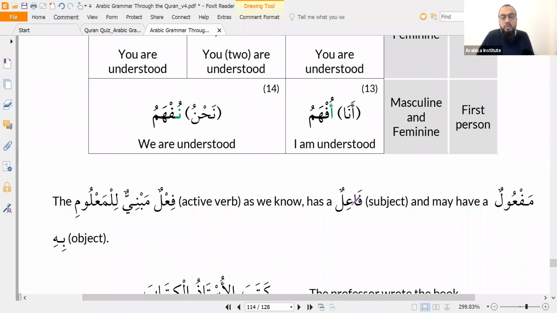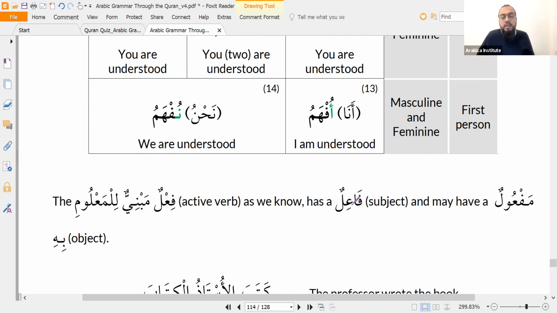Does that make sense? So you're right to point out that you could interchangeably use the passive participle with the imperfect passive verb, in the same way that you can interchange the imperfect active verb with the active participle. If I say al-waladu yaktubu, the boy is writing, I could also say al-waladu katibun, the boy is a writer.